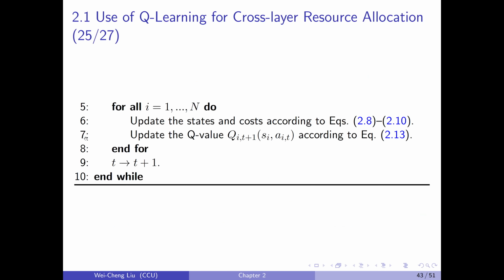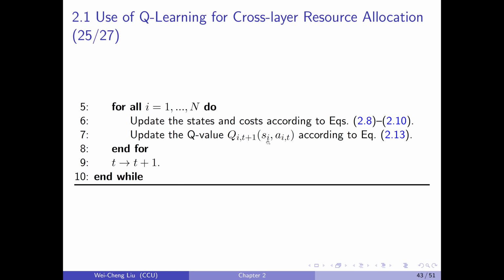Okay, so line 7, update the Q value Q_i^{t+1}(s_i, a_i^t) according to equation 2.13. Q_i^{t+1} is the Q value of secondary user i at time instance t+1.